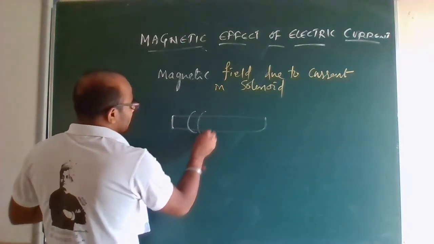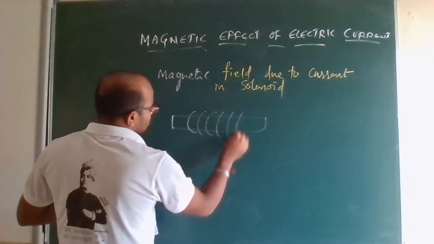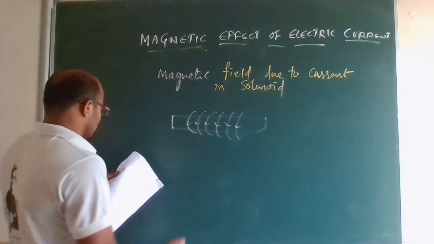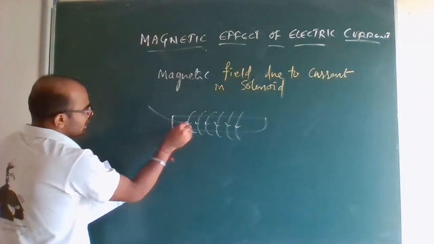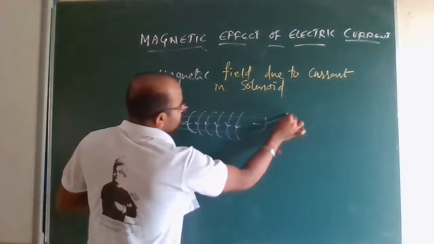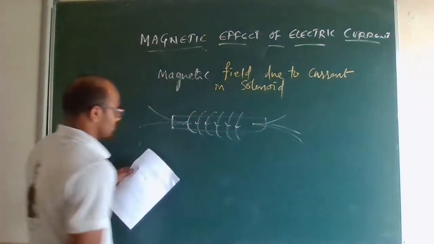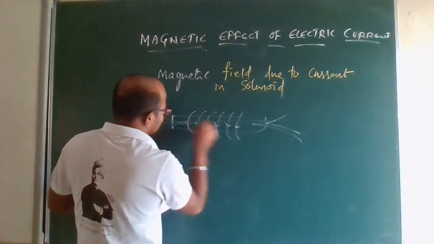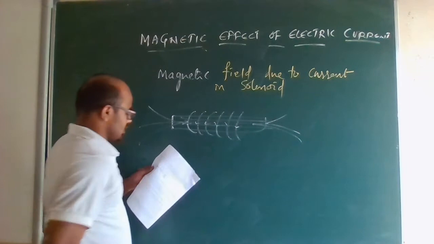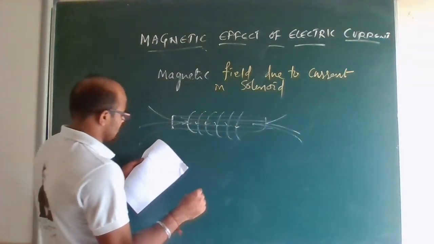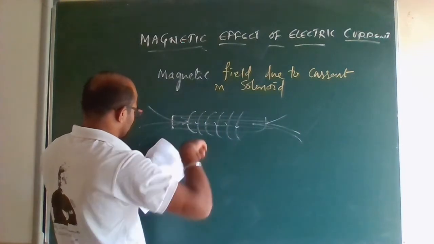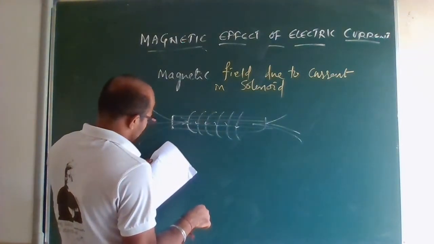The magnetic field lines are like this, and the wire will be closely wrapped. There are straight lines inside the solenoid, and after that they are moving from this side to this side, that is north to south.